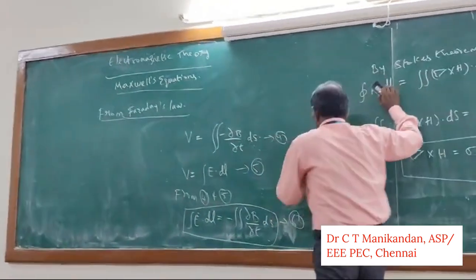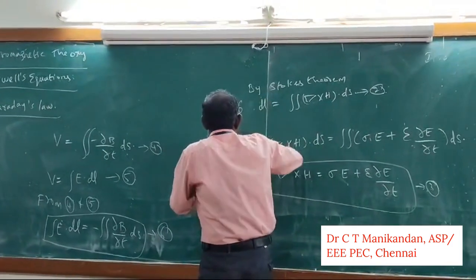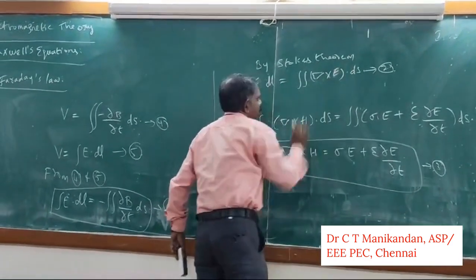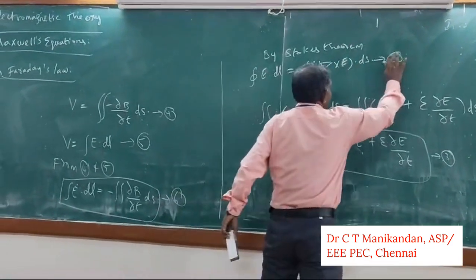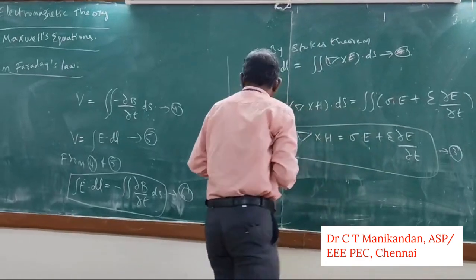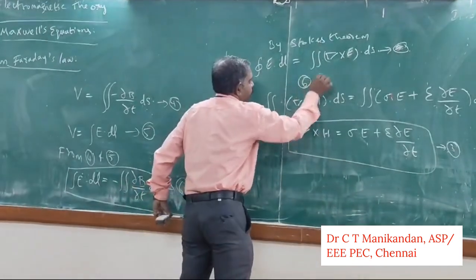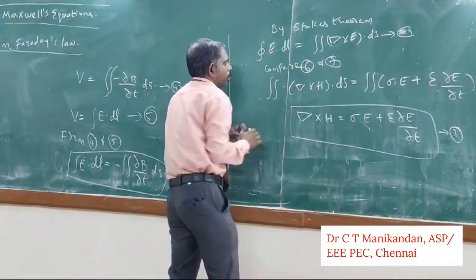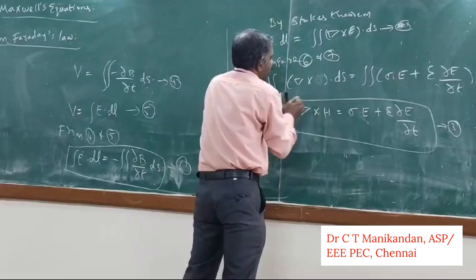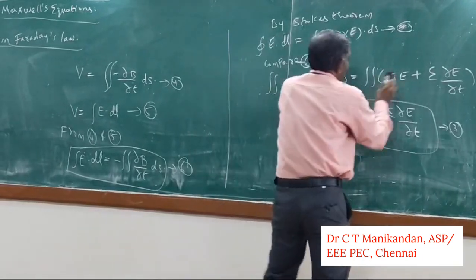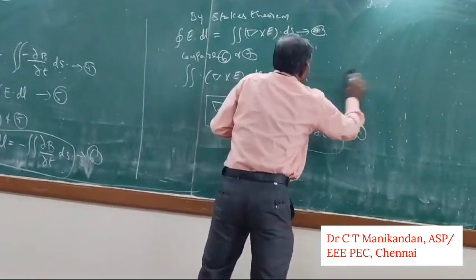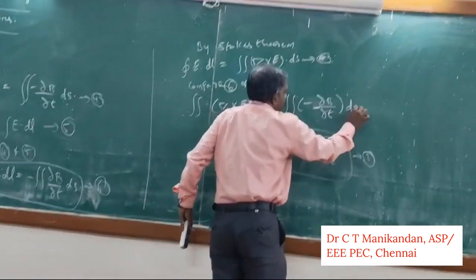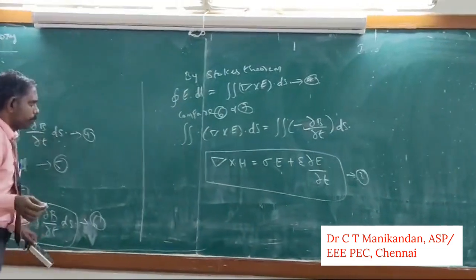Once again I am applying Stokes theorem. So closed integral of E dot dl can be written as surface integral of del cross E dot ds. This is equation number 7. Now compare 6 and 7. So del cross E dot ds equals minus dou B by dou t dot ds.